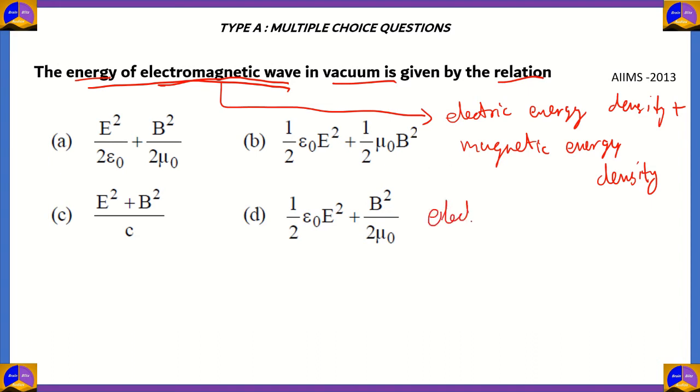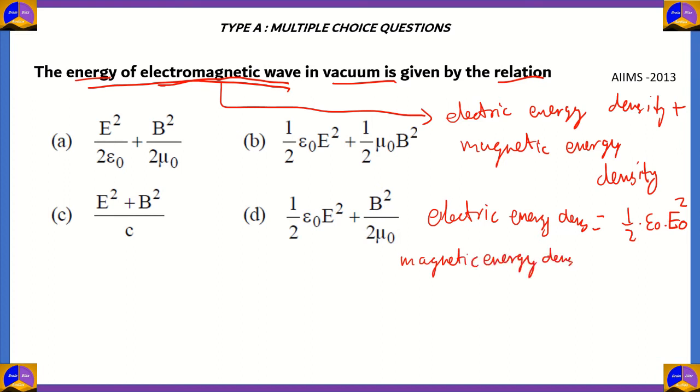So, electric energy density has the formula half times ε0 times E0 square. And the formula for magnetic energy density is equal to B square divided by 2 μ0.